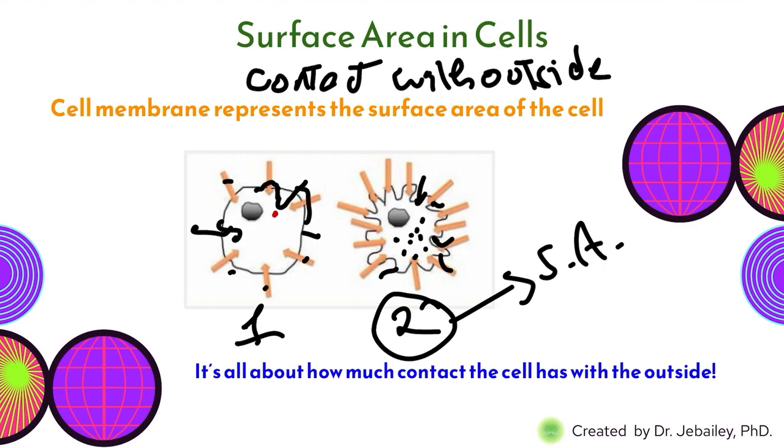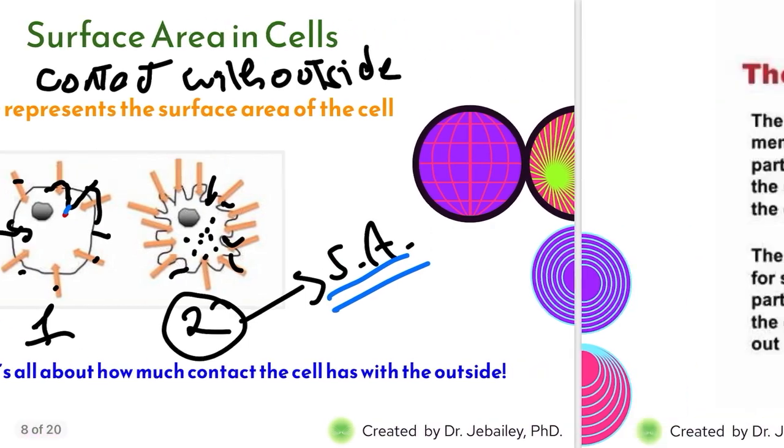The beauty of it, now that you fold it, you just need this tiny little motion to get out of the cell. So the more folding there is, the more surface area, the more contact you have with the outside. So it's all about how much contact the cell has with the outside. That means every single part within the cell should quickly have a contact with the outside.